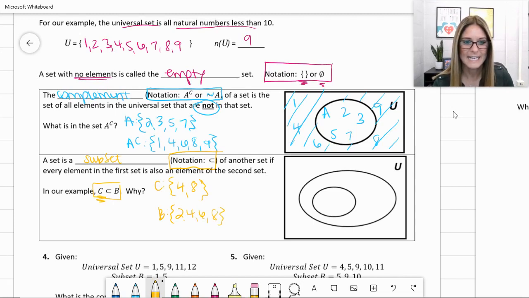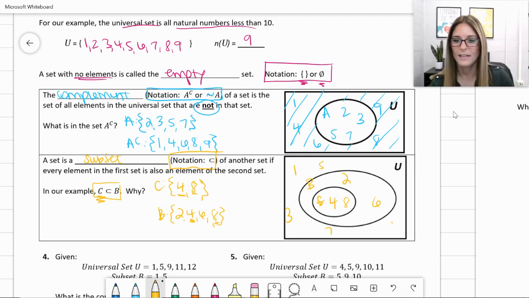And you can see C is a subset or part of the elements of B. So let's make a diagram here. We've got our entire universal set. We're going to have set C as part of B. We've got 4 and 8 in our set of C. In B, we had 2, 4, 6, and 8, and then we still had 1, 3, 5, 7, and 9 in the rest of our universal set.